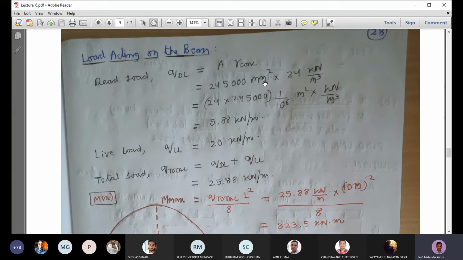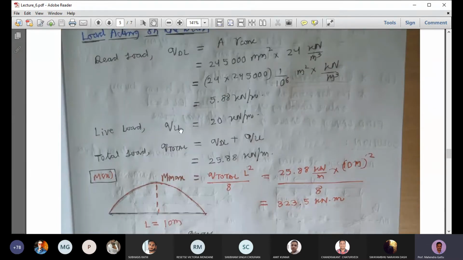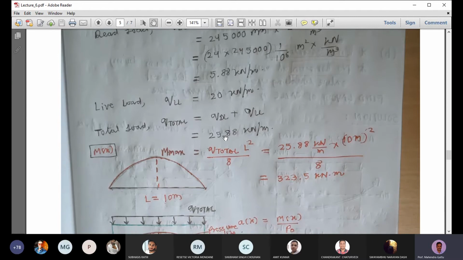We can replace millimeter square by 1 by 10 power 6 meter square, so we get 24 into 245 into 10 power 3 by 1 by 10 power 6. We're getting around 5.88, meter cube will cancel out, and we'll get kilonewton per meter. So 5.88 kilonewton per meter. And live load is given, that is a UDL, which is 20 kilonewton per meter. So the total load is Q dead load plus Q live load, coming around 20 plus 5.88, 25.88 kilonewton per meter.